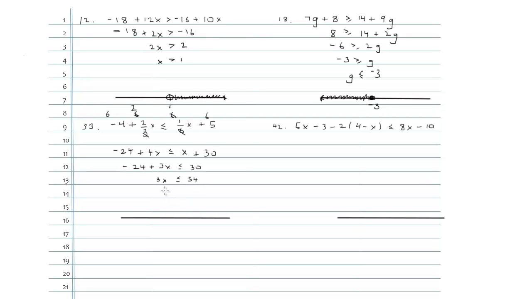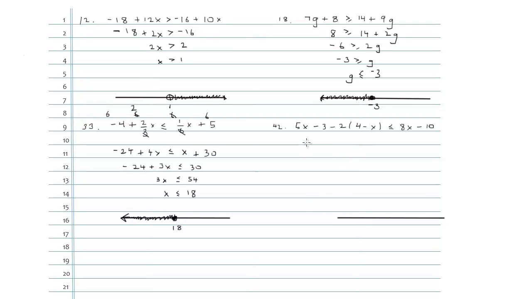And I'm going to divide out the 3. And 3 goes into 54 18 times. Draw me a dash, 18. Closed circle again because of the equal to sign, and because it's less, I'll shade to this small side.